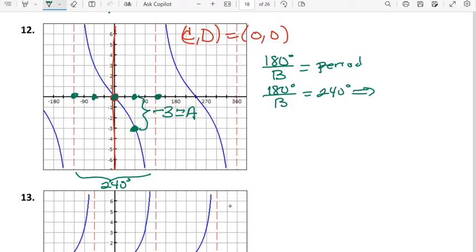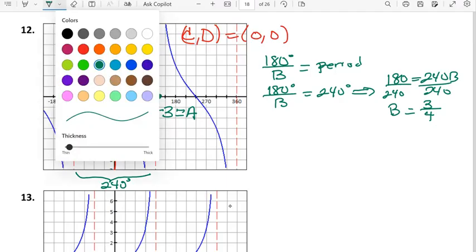If we solve that, that's going to give us 180 is equal to 240b, and dividing by 240, b is equal to 18/24, which we can reduce by a factor of 6, and that'll give us 3/4.